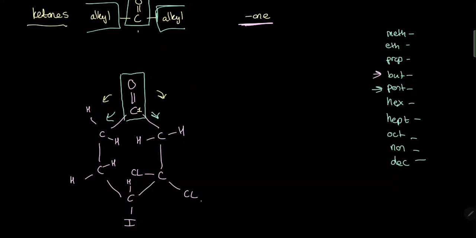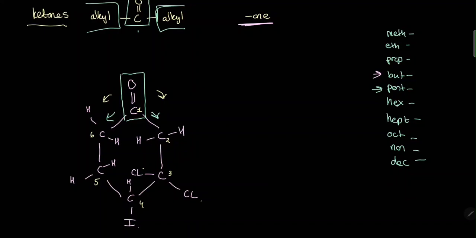We can see that there's 2 chlorines here, and we have an iodine here. So if we number it this way, 1, 2, 3, that's going to give our first side group the smallest number. If we went the opposite way, 1, 2, 3, 4, then our first side group, which is iodine, is going to get the number 4. So we're going to go with our original way, 3, 4, 5, 6.